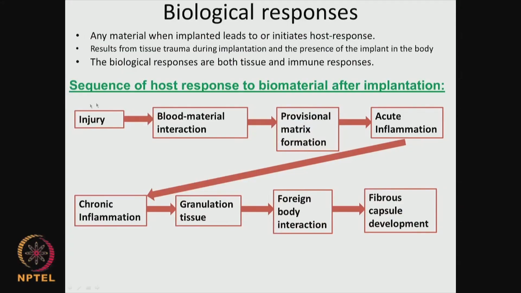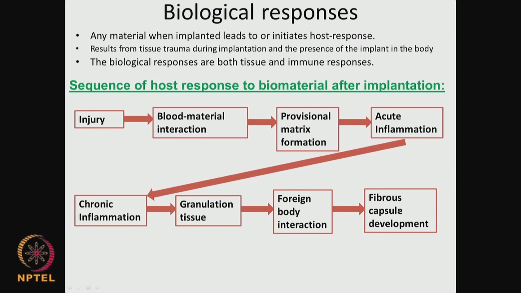There is an injury because the physician or a surgeon has opened and placed a biomaterial. So, there is an injury, there is a blood material interaction, there is matrix formation, acute inflammation taking place, chronic inflammation. Then there is something called granulation tissue, foreign body interaction, fibrous capsule development.